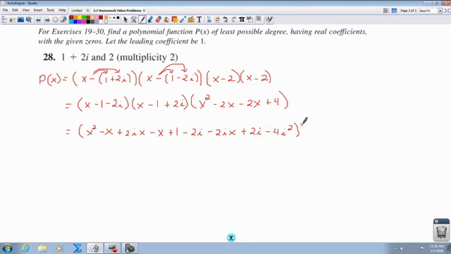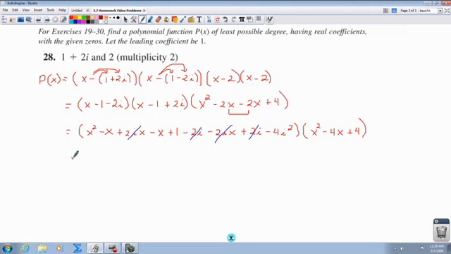Now I'm going to close that parenthesis. In the second one, I'm going to put these like terms together, which is going to be x squared minus 4x plus 4. Alright, I'm going to change colors here. Let's cancel out some things that are supposed to cancel out, like positive 2ix and negative 2ix. Negative 2i cancels with positive 2i.